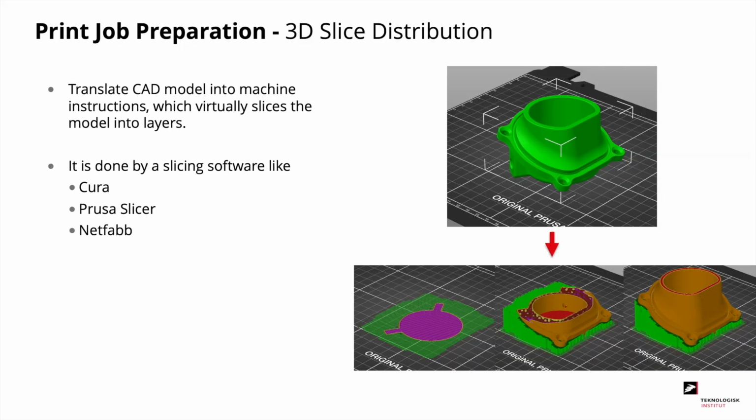Before the 3D model is ready to print, it has to be translated into machine instructions. This is done by slicing it into thin layers and converting that into G-code, which the machine can understand. This is done with slicing software, and there are different softwares for different kinds of printers.